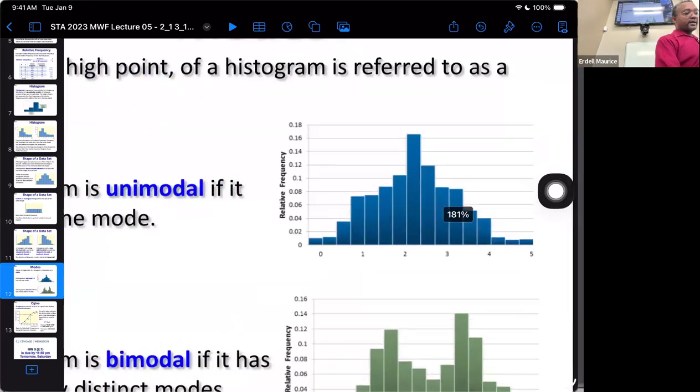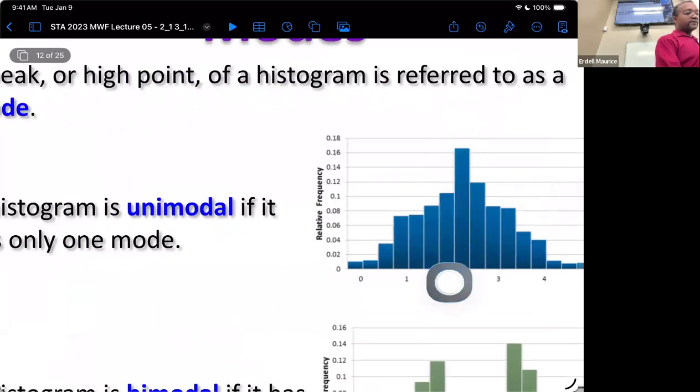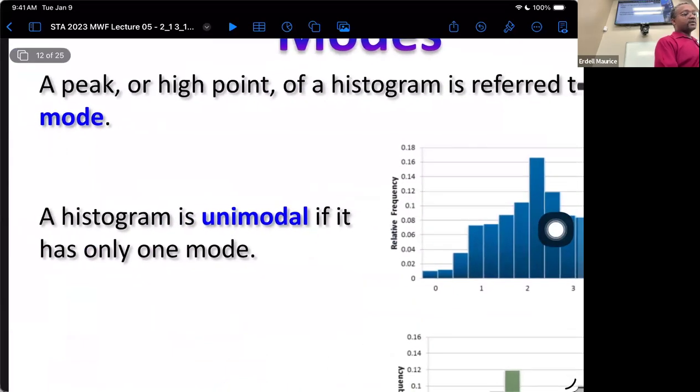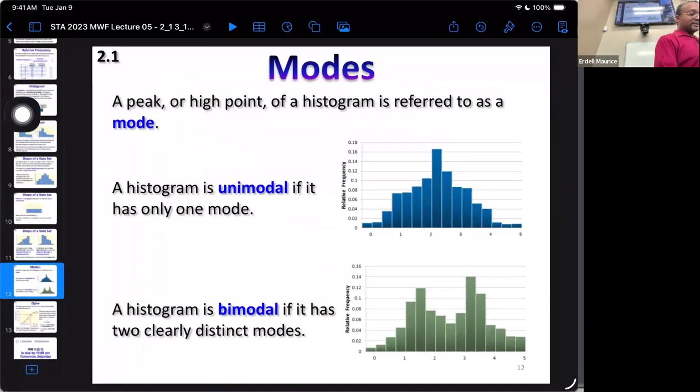And so in this example right here, you can see this class right here happens most often. And so that class is called the mode, the peak or the high point. Sometimes a data set can go up and down, up and down. And when you have this right here, we call it a bimodal histogram because there are two distinct peaks in the data set. All right, questions there?